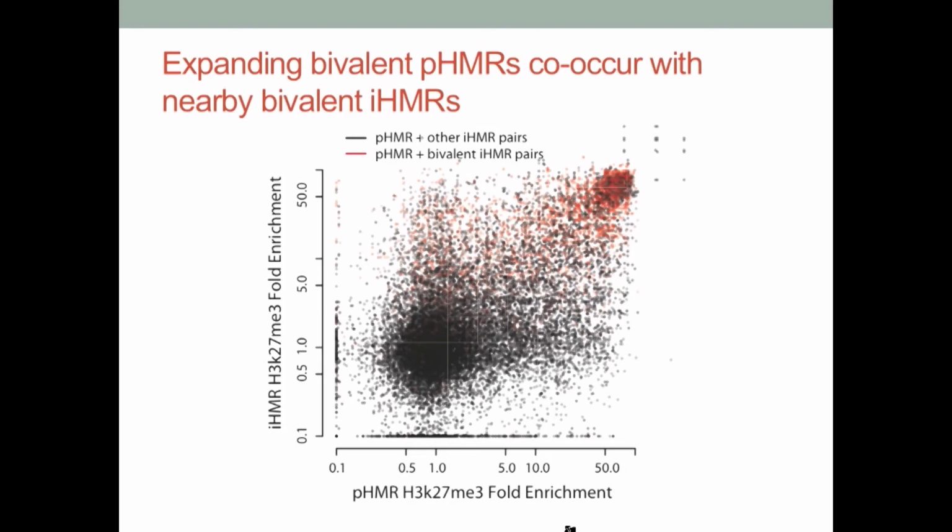So there seems to be, even at this level, a coordinated change between the promoter and the upstream or downstream putative regulatory site. They're both being regulated in the same manner.